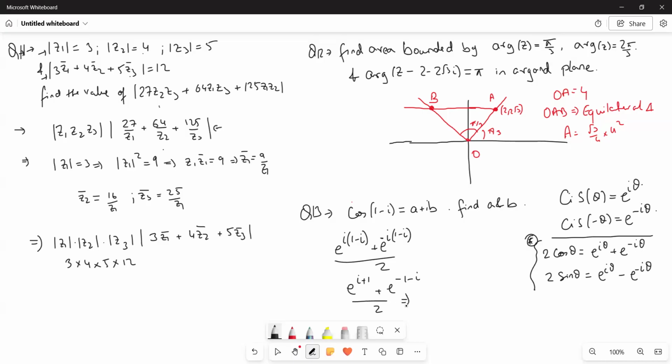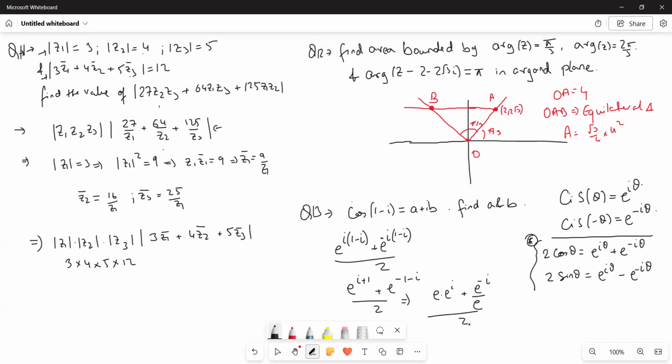Now we can write this as e into e power i, and this we can write as 1 by e into e power i, or make it e power minus i. Let's write it like this: e to the power minus i by e, whole divided by 2.